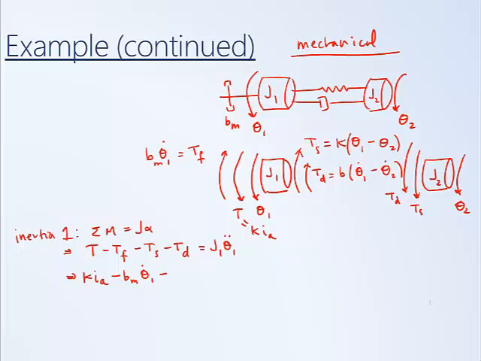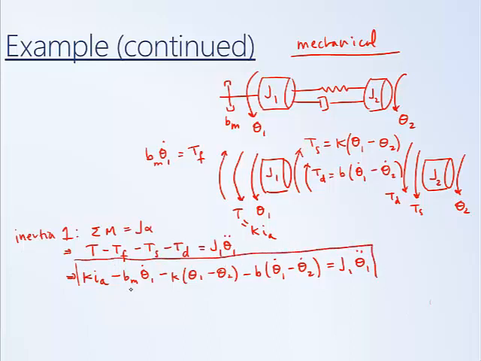Then we have the torque due to the spring, which is K times theta 1 minus theta 2, minus the torque due to the damper, which is B times theta 1 dot minus theta 2 dot, and that's equal to J1 theta 1 double dot. So this is our second differential equation for the equation of motion.